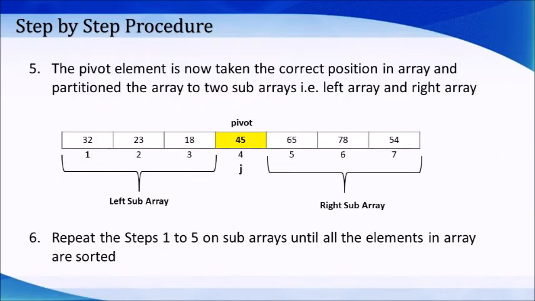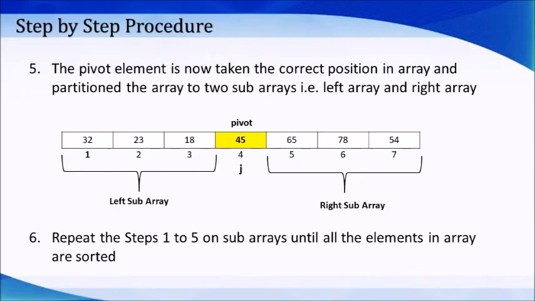Now after swapping, you can see that the pivot element has taken the correct position in the array, and it has partitioned the array into two sublists. If you observe, all the elements less than 45 are towards the left side, and all the elements greater than 45 are towards the right side.